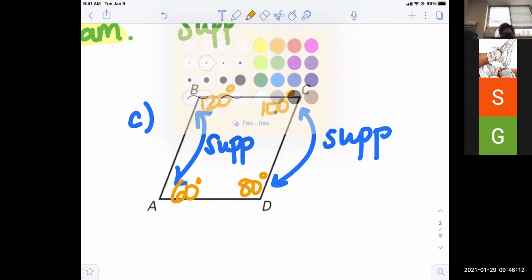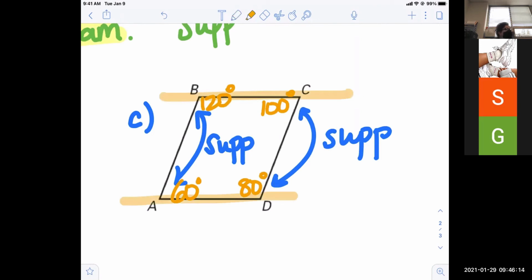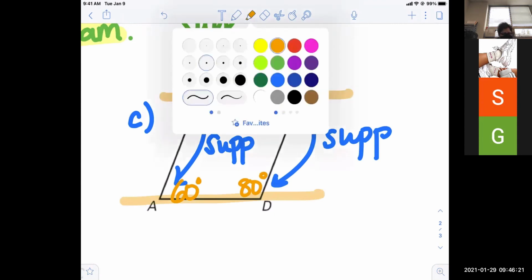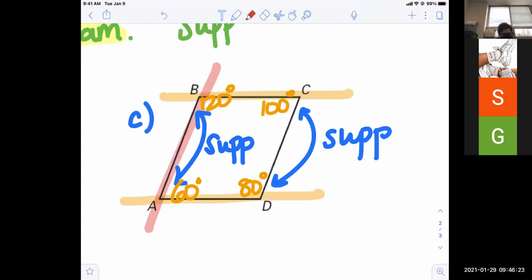Yeah, the top are parallel, and that's it. You could consider this to be a transversal, and then you've got supplementary consecutive interior angles, or you could jump over to the other side and consider that to be a transversal, and it's going to be the same pair of sides that are parallel.